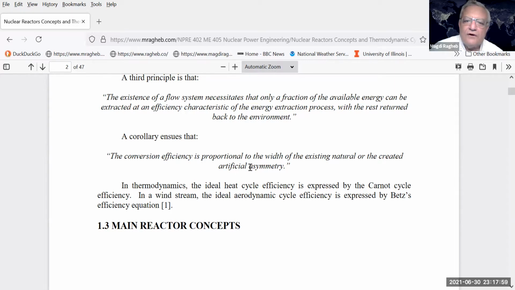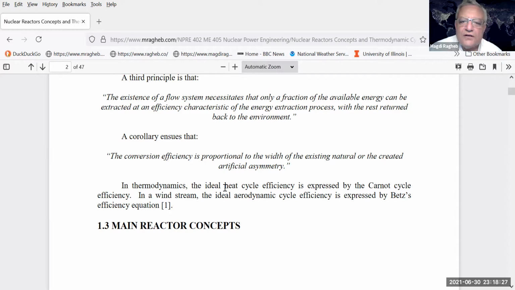So if you have a waterfall that's very high, then of course you find that you can extract more energy from the process. In that case, the width of the existing natural asymmetry, or the delta T in a thermodynamic system, if you create, of course, an artificial asymmetry. You'll find that conversion efficiencies differ from one energy conversion system to another.